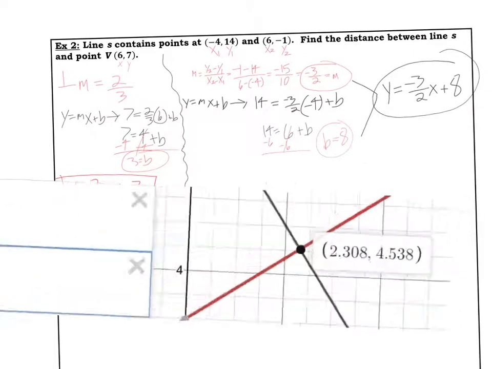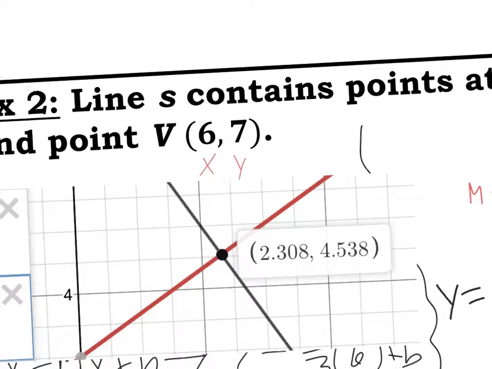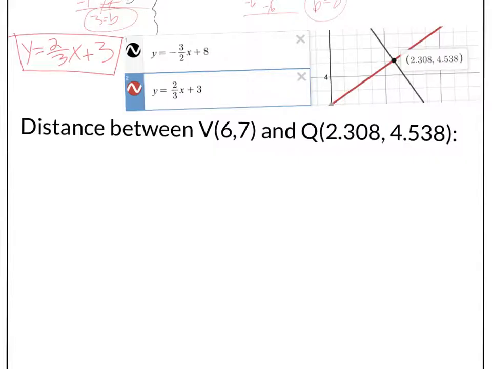So what I'm going to do is calculate the distance between this point here and then point V right there. I'm going to use those 2 points in my distance formula. So I'll use the points of V for x1, y1, and then I just titled the intersection point Q just to give it a name. I'll use that for x2, y2.